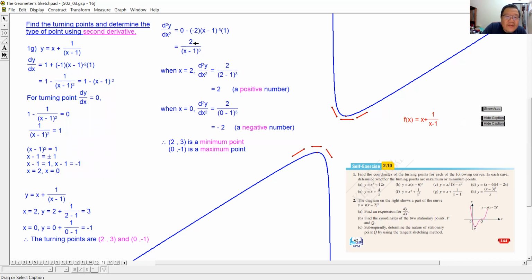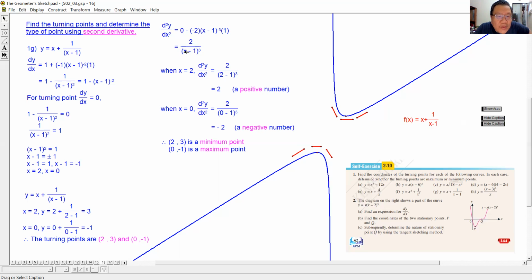So now I simplify, bring back the 3 at the bottom here, it becomes 2 over (1 minus x) to the power of 3. So this one is very easy. Second derivative is very easy. Now you don't have to find a point smaller than 2, a point bigger than 2. No, straight away you take the value of 2, you substitute inside the d2y dx square.